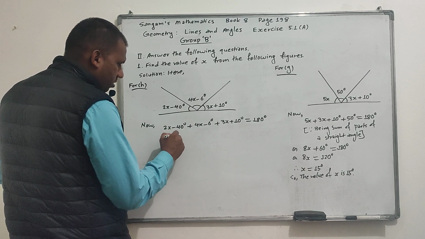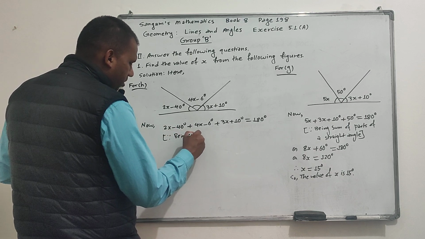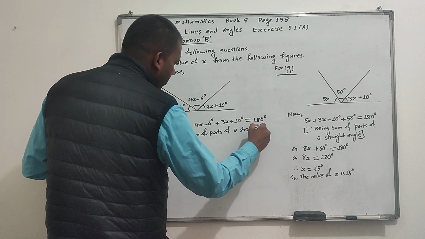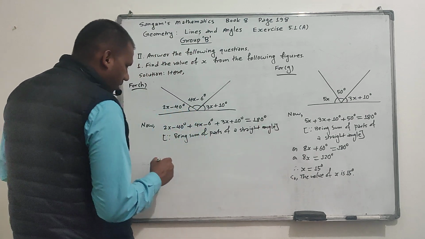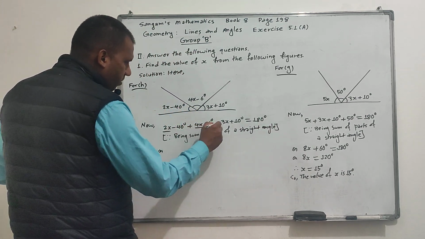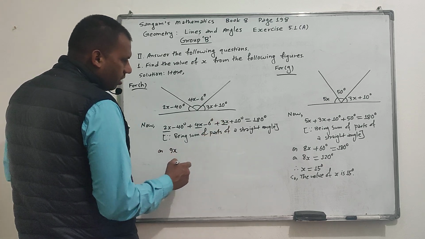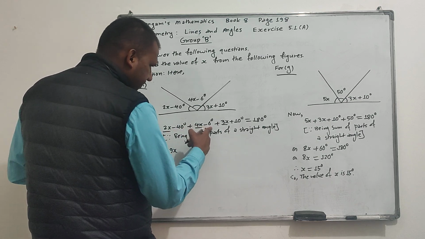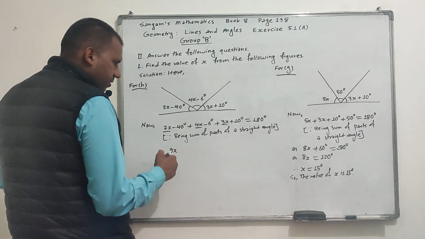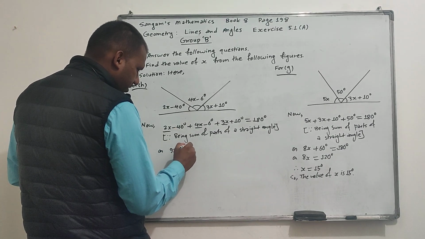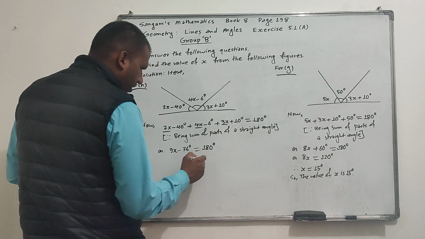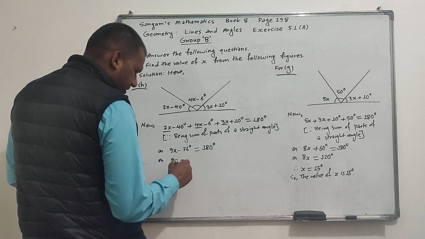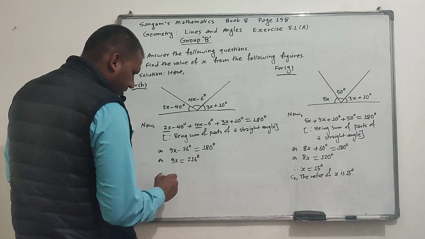Reason because being sum of parts of a straight angle, or 2x plus 4x plus 3x, it makes 9x, then 10 minus 40 minus 6, 10 minus 6, 4, 4 minus 40, minus 36 degree equal to 180 degree, or 9x equal to 180 plus 36, that is 216 degree.